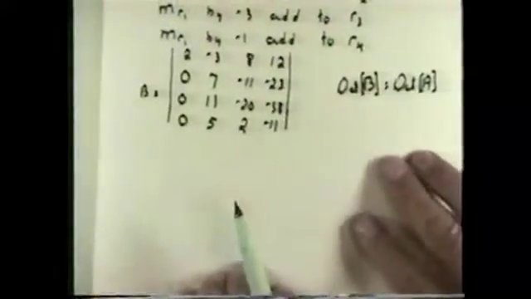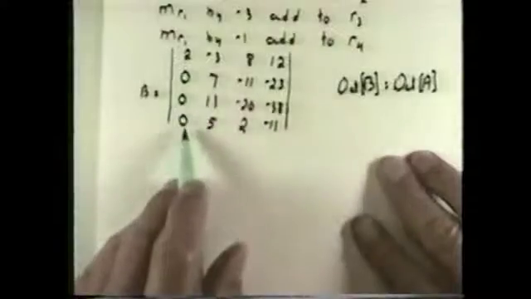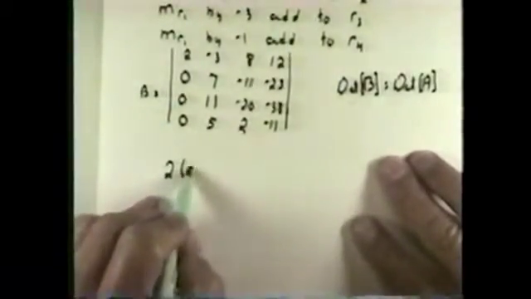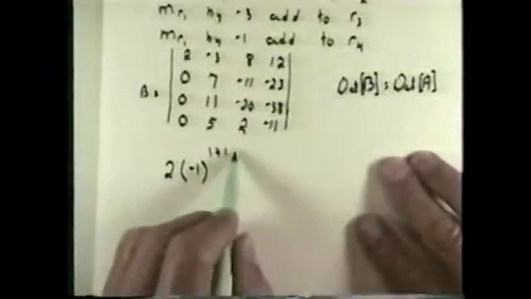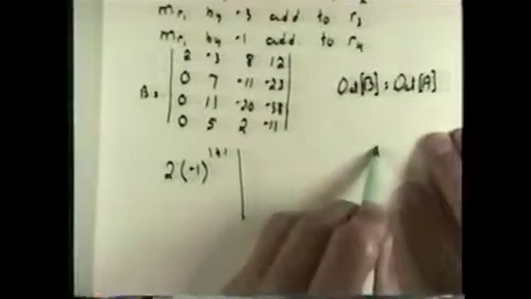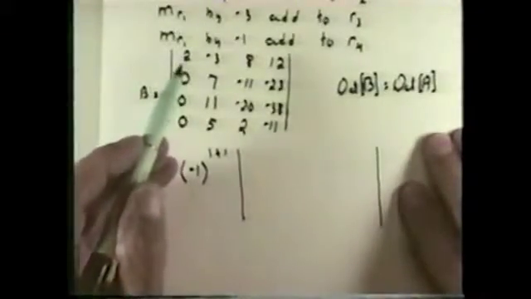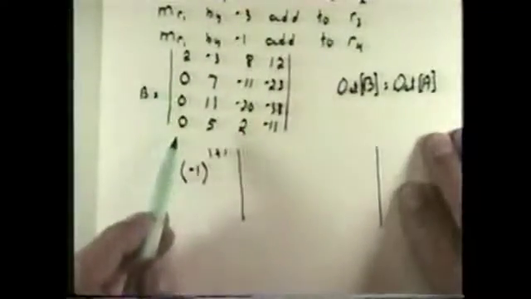So now to evaluate B, I can expand around the first column. So it would be 2 times -1 to the 1 plus 1 times the minor, which is the determinant with row 1 and column 1 removed.